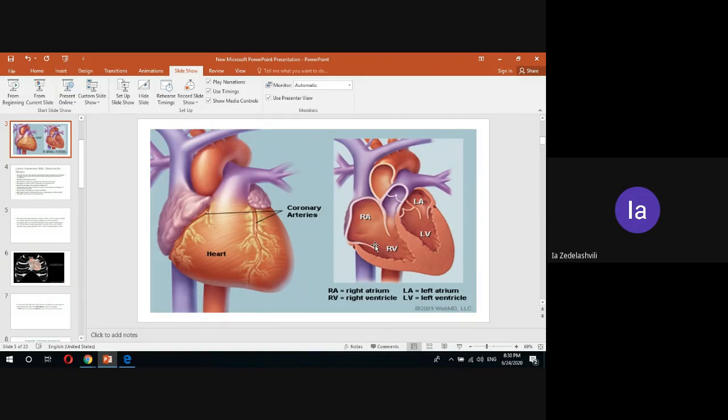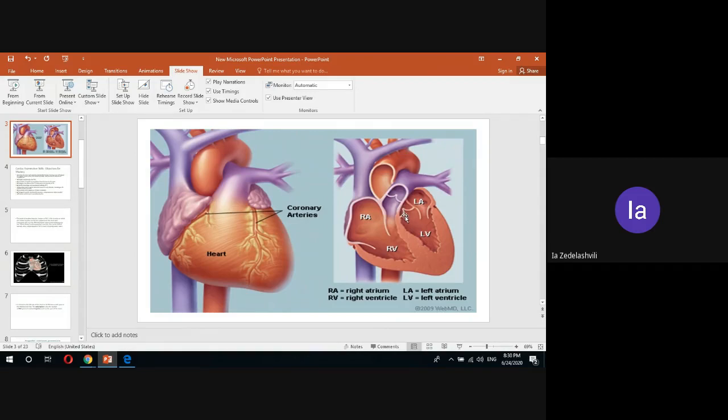You can auscultate your heart, and you will find that these clear sounds exist in the heart. So what is it? Closing of the valves. We have valves between the atrium and ventricle on the right side, and between the atrium and ventricle on the left side.